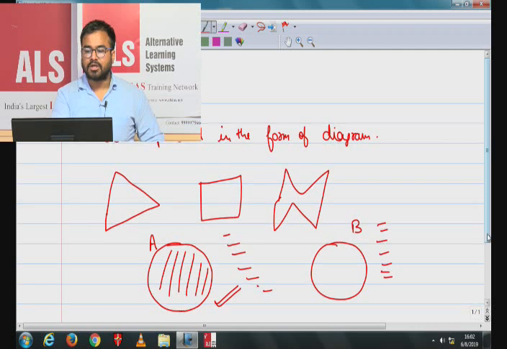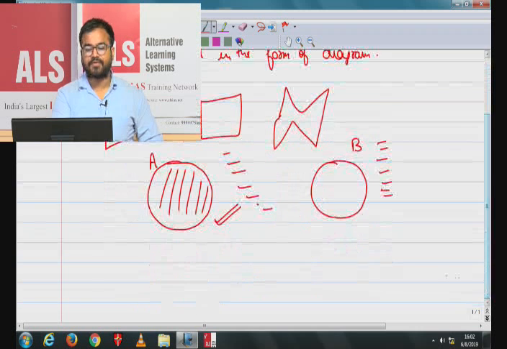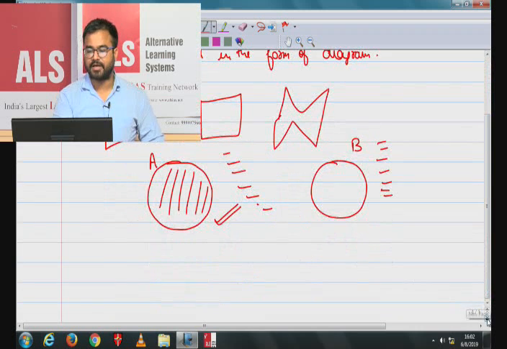Now, how can we draw different cases in terms of Venn diagrams?